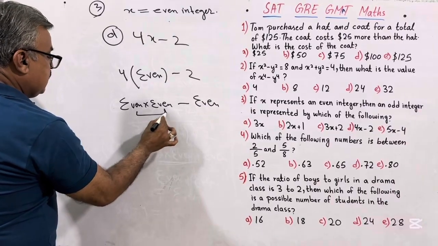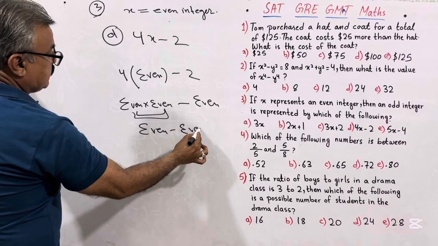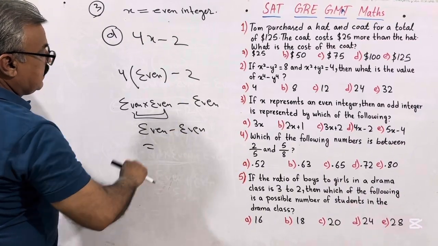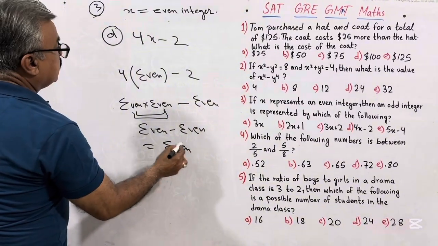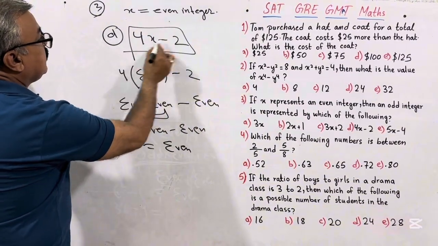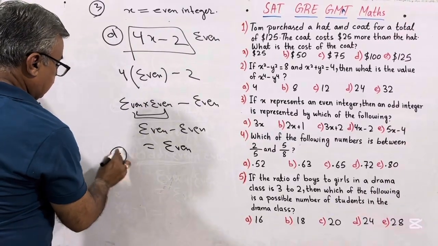Even times even results in even. And if we subtract even from even, the sum and difference of even always results in even. So this option D is also even. What about E?